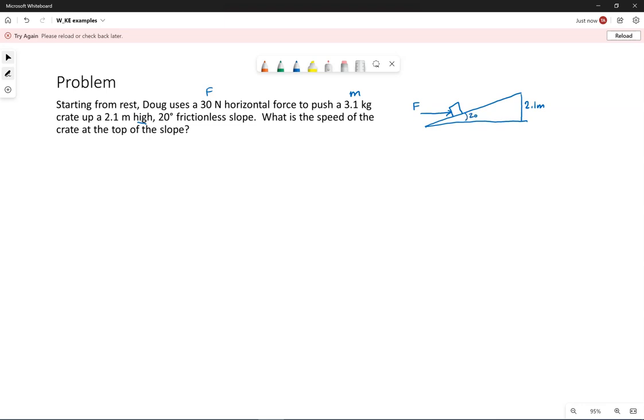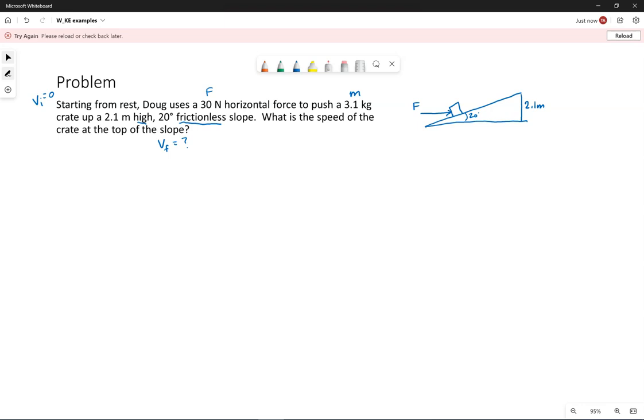The angle's 20 degrees. Frictionless slope, just to make it on the easier side, I suppose. We want to know the speed of the crate at the top. So starting from rest, we know V initial is 0. We're asked to find V final.